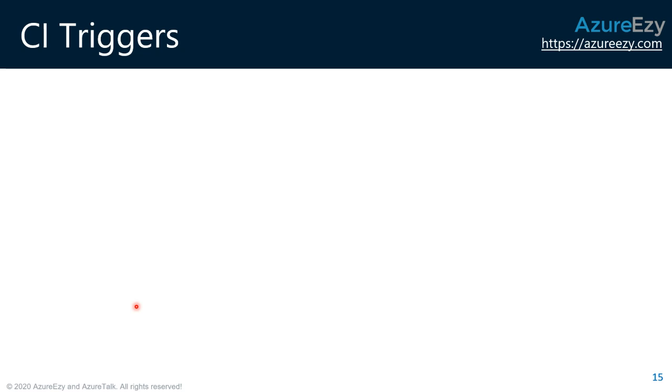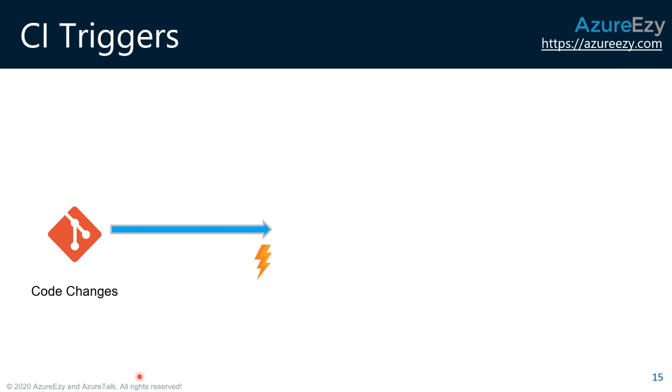CI trigger is also known as continuous integration trigger. What we mean here is that normally you have your version control, which is hosting your code, and whenever something changes, those changes can trigger a build. You can define that trigger based on the tool, and during our demonstration we will be looking at Azure DevOps, where you define that trigger.